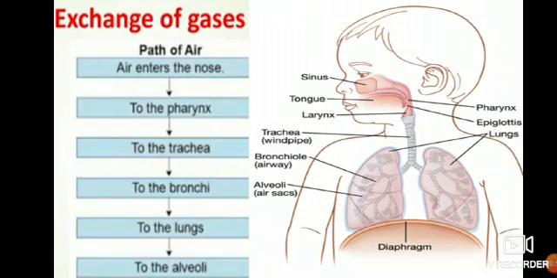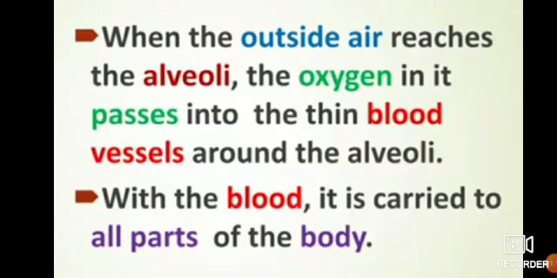The air enters through the nose, then goes to the pharynx, then to the trachea, then to bronchi, then to lungs, and finally to alveoli. Now, when the outside air reaches the alveoli, the oxygen in it passes into the thin blood vessels around the alveoli. So with the blood, it is carried to all parts of the body. So what happens here?